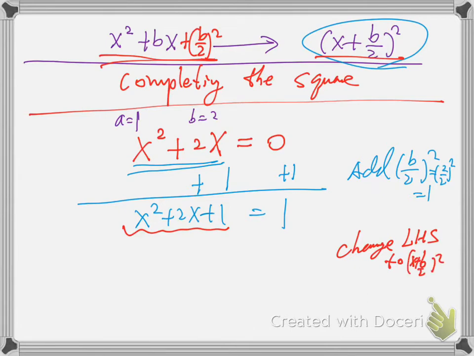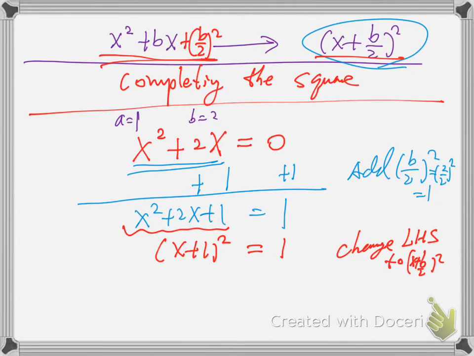B over 2 is 1, so change this to x plus 1 squared is equal to 1. Nothing happened on the right-hand side. We just change this trinomial to a perfect square.